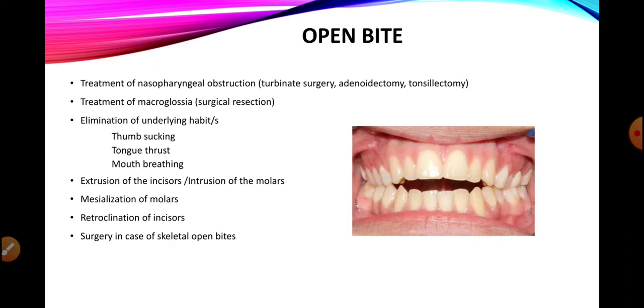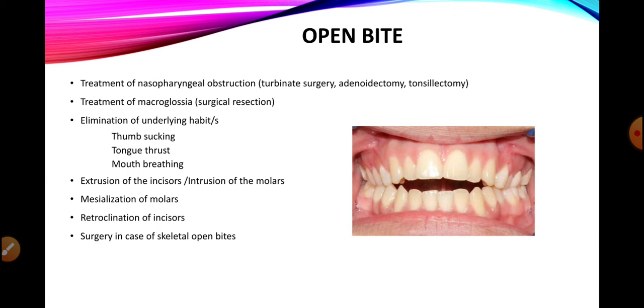Now, the other types of malpositions that may be present in class 1 malocclusion are open bite, deep bite, and cross bites, and we have already discussed them in detail. So, in case of open bite, what we are going for is either the extrusion of the incisors, or the intrusion of the molars, or the mesialization of the molars.